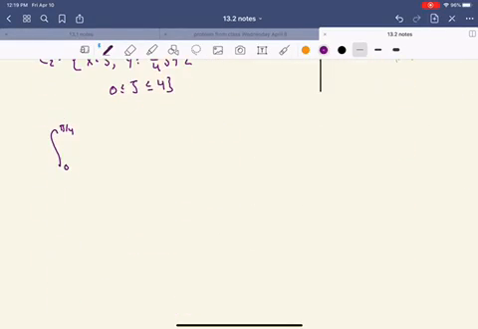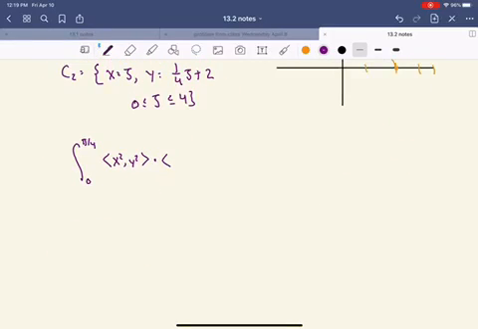Remember our curve was x squared, y squared. I'm going to write it as a vector dotted with r prime.